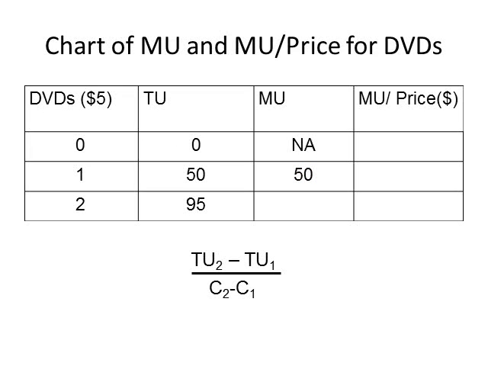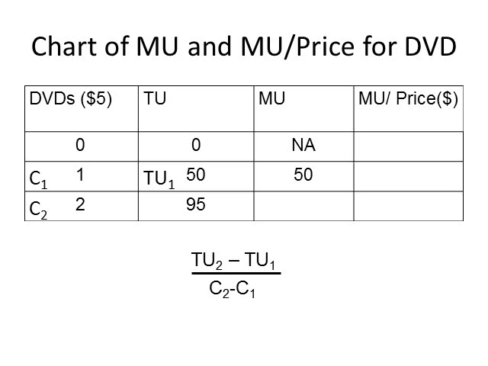We would repeat this process for the next level of consumption. So once again, our first level of consumption is 1 DVD with a total utility of 50. Our second level of consumption is 2 with a total utility of 95.